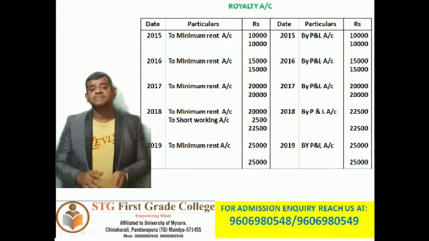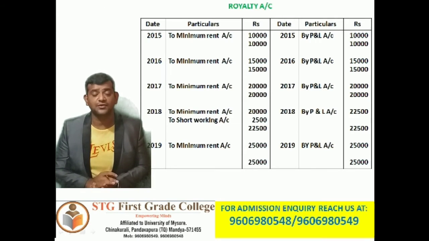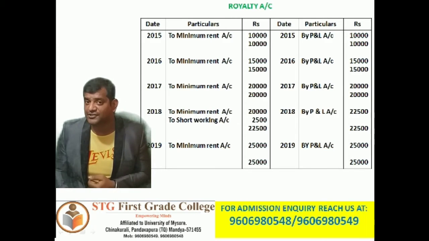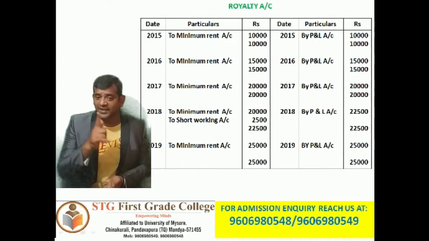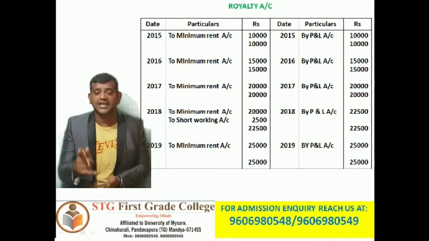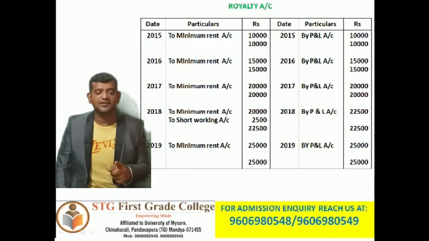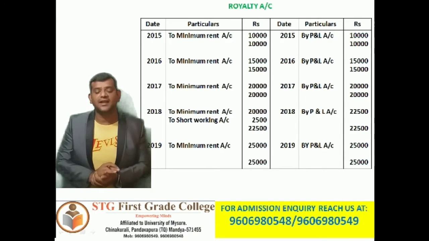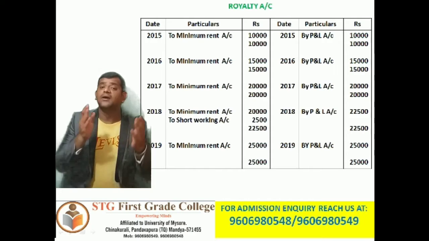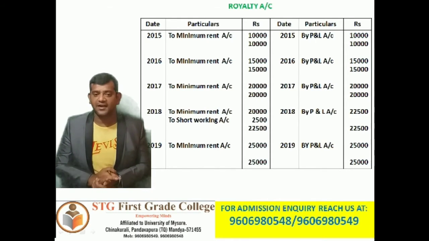In the year 2018, I said we could produce 22,500 worth of coal, but 2,500 was adjusted towards short working. That is, we are showing here, to minimum rent account 2018, 20,000 rupees, to short working account 2,500. So 2018, in the credit side, by P&L account 22,500, both the side total 22,500 and 22,500.